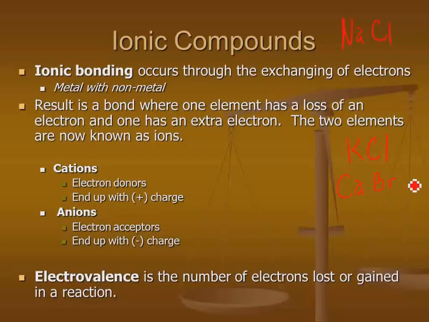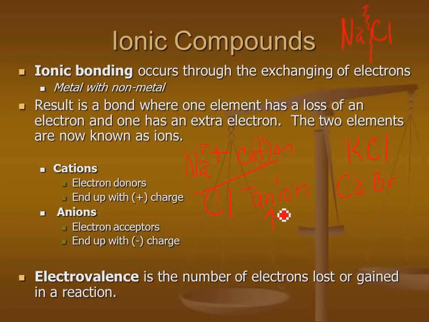When you put these into solution, they dissociate into two ions, where I have a positive sodium ion that I'm going to call a cation, and a negatively charged anion because it's picked up an extra electron.